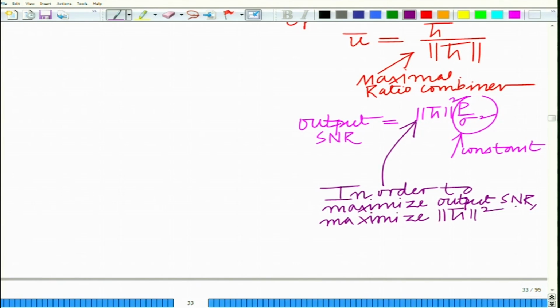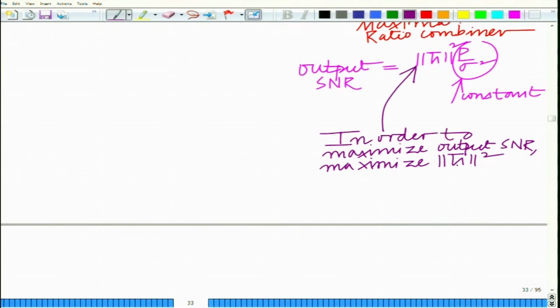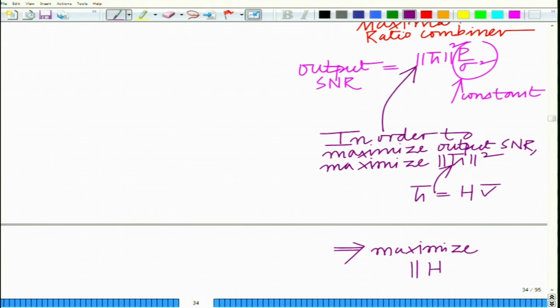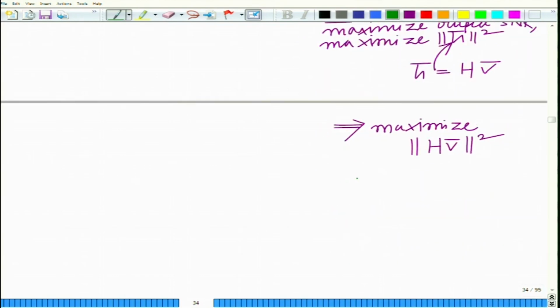norm H bar square, but we have seen H bar equals H times V bar. Substituting this, we have to maximize norm H times V bar square. And what is norm H times V bar square?